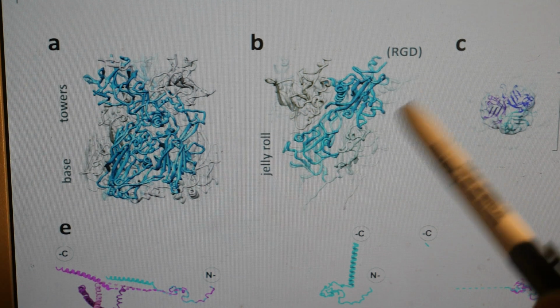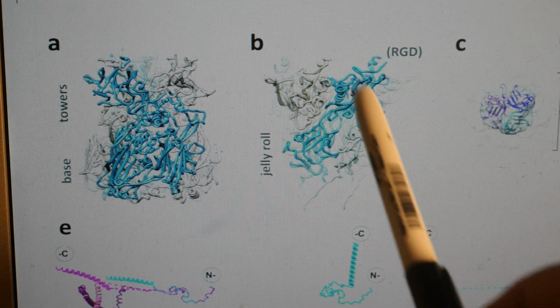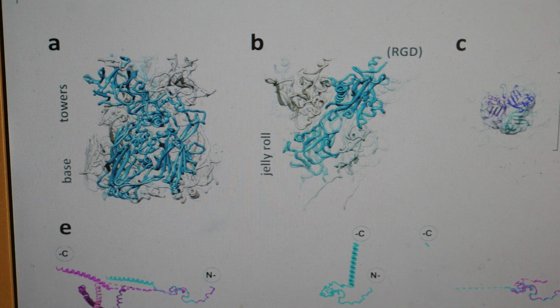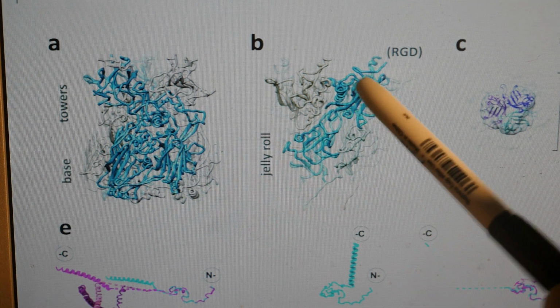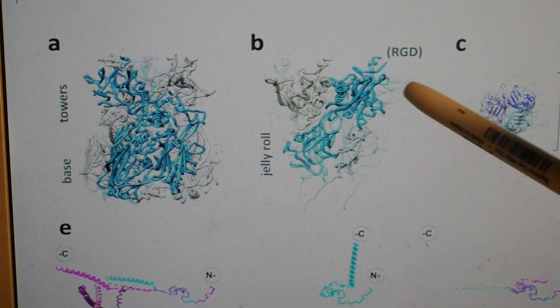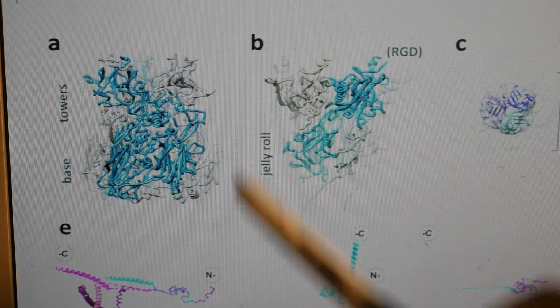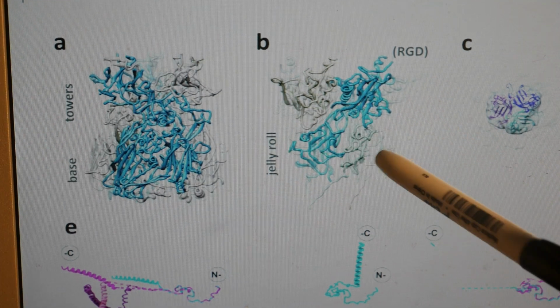The blue B here is a pentamer. That's the vertex where all the faces meet. This is 5 subunits. 2 of them are highlighted, 1, 2, 3, 4, and then there's a lighter one behind there. So there's 1, 2, 3, 4, 5.